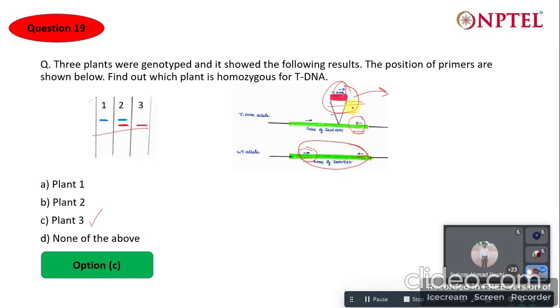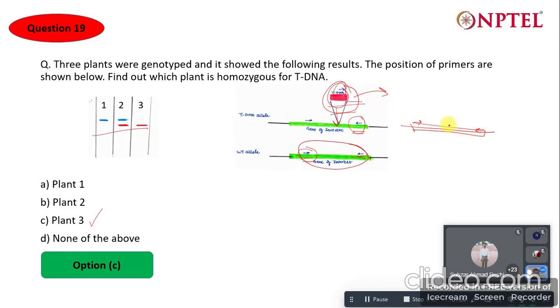Okay, so if the tDNA is inserted into this gene, considering this is the gene of interest, this is the forward primer, and this will be the reverse primer.